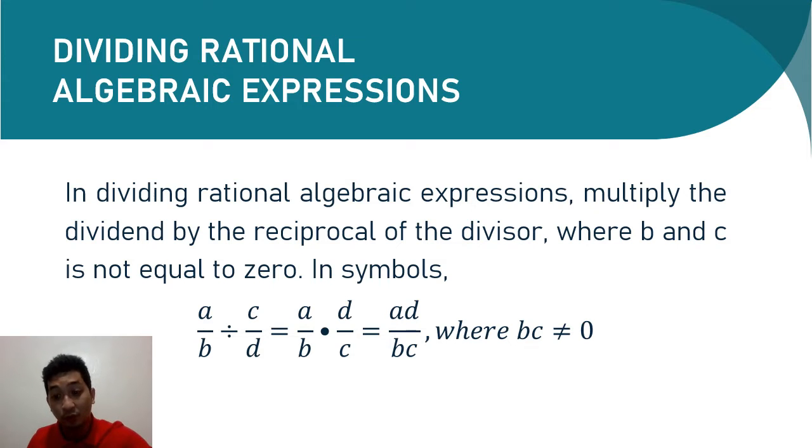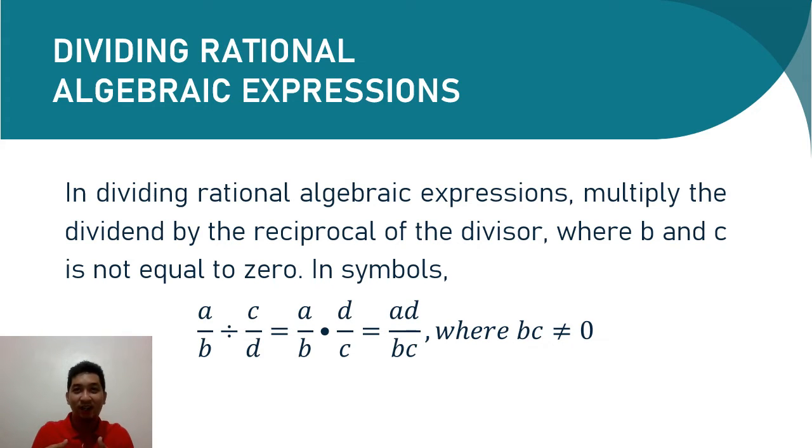So to divide it, you have to get the reciprocal of the divisor. What's the divisor, sir? So, yun po yung mas nahuhuli sa ganitong setup ng iyong rational algebraic expression. So, that's c and d. What's the reciprocal of c over d? So, as you remember, the reciprocal is just the kabaliktaran. It's the opposite.